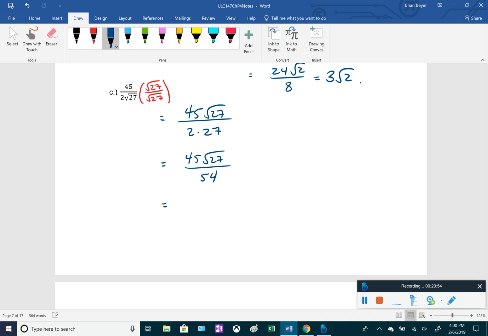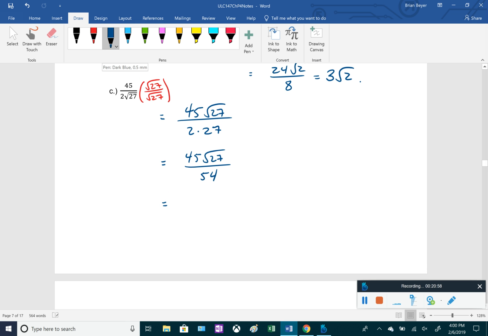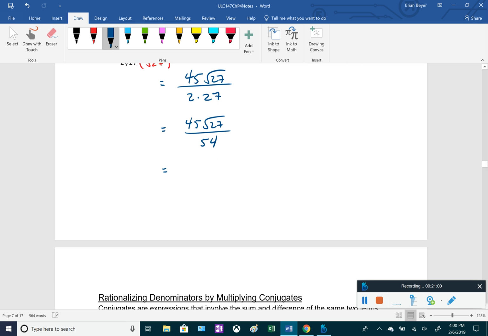And for the next thing, we kind of have a couple different options here. We can simplify the 45 over 54. Yeah, let's simplify that first. 45 over 54, I believe they share a common factor of 9. That's the largest one.